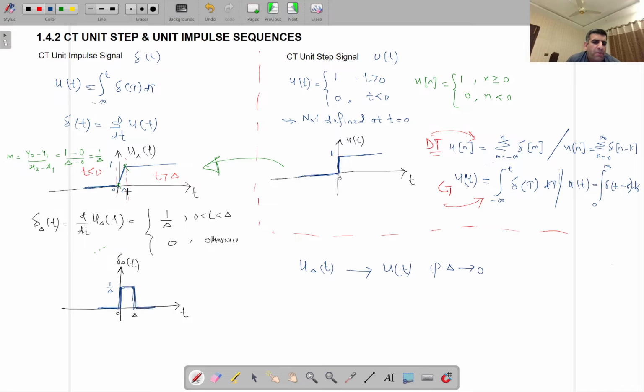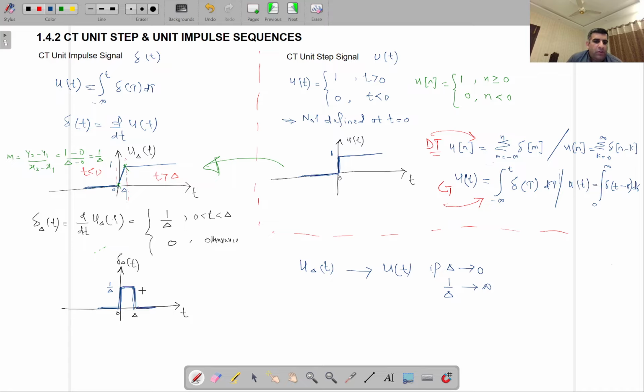Okay, so I hope it makes sense. So if you move delta towards 0, this point is going to come towards the y-axis, and then you're going to approximate this particular signal, which is the continuous time unit step signal. Okay. So if delta approaches 0, what is going to happen to 1 upon delta? If delta approaches 0, 1 upon delta is going to approach infinity.